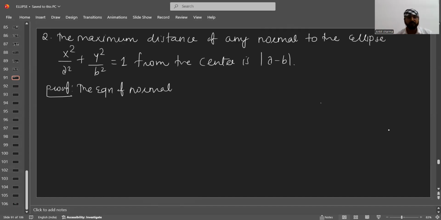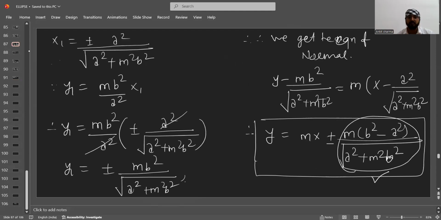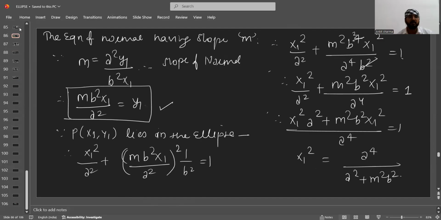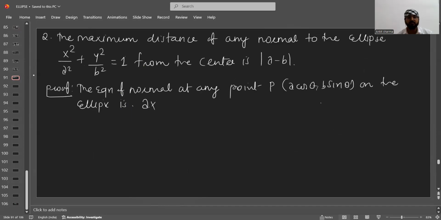So the equation of normal at any point P, a cos theta comma b sin theta, on the ellipse is, we already have the normal which we have derived here: aX by cos theta minus bY by sin theta is equal to a square minus b square.